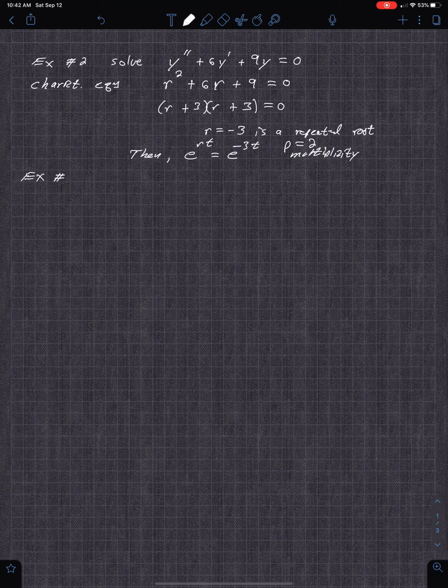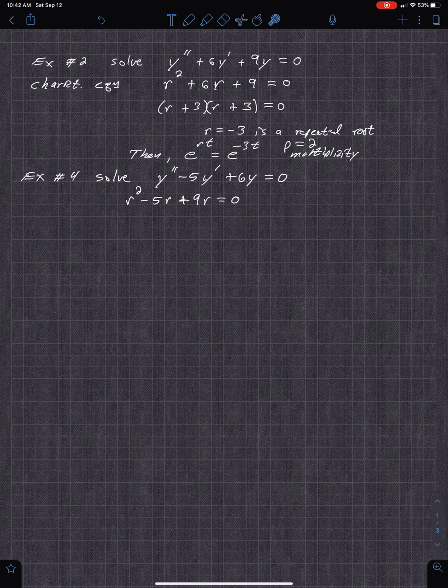So this is number 4. Try this one. Solve y double prime minus 5y prime plus 6y equal to 0. So try r squared minus 5r plus 9r equal to 0.